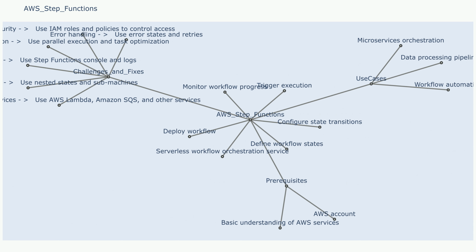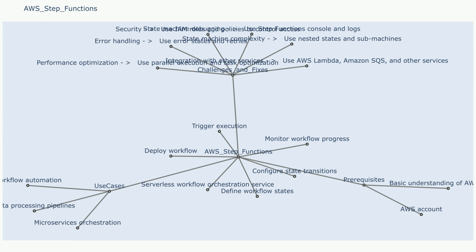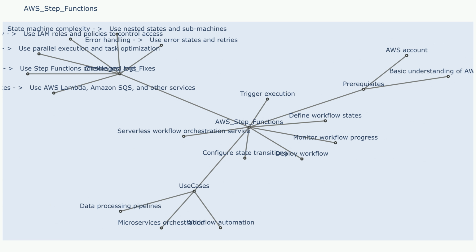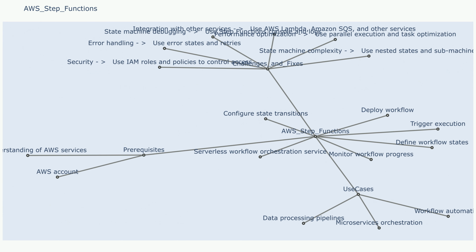Deploy workflow: create a state machine, which is a representation of your workflow, and deploy it to AWS Step Functions. Trigger execution: initiate the execution of your workflow by sending an event or invoking an API endpoint. Monitor workflow progress: track the status of your workflow execution, view logs, and troubleshoot issues using the Step Functions console or API.